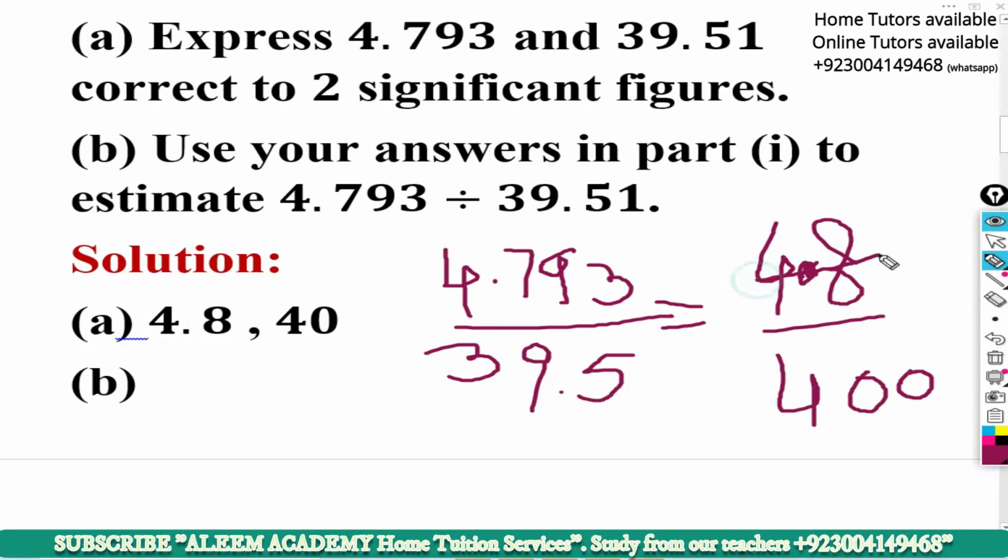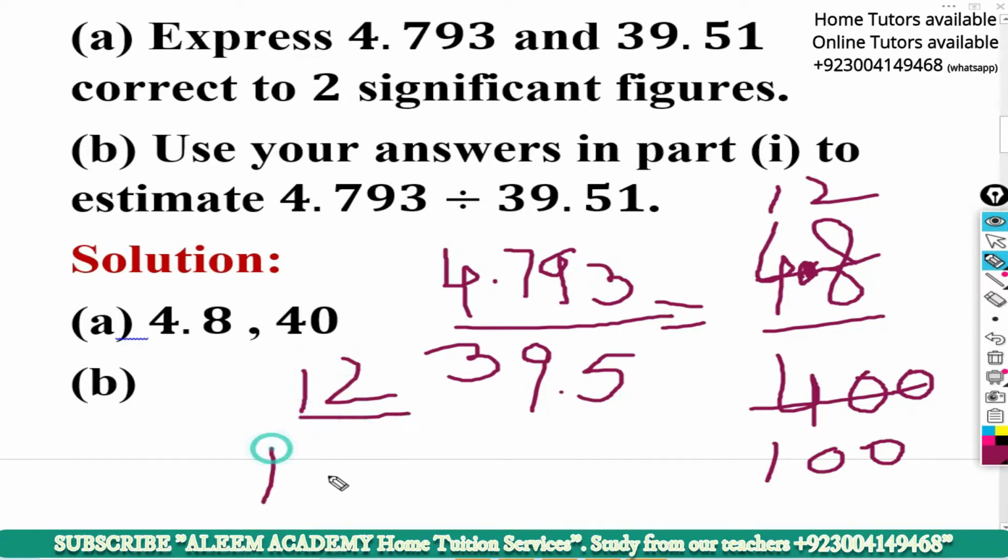So you can cancel them on 400, and then 4 ones are 4, 4 twos are 8. Alright, so now this is basically 12 over 100. And 12 over 100 can be directly converted into a decimal. How? 0 goes with 2, this 0 goes with 1, and in place of 1 we can write the decimal here. So 0.12 will be the final answer.